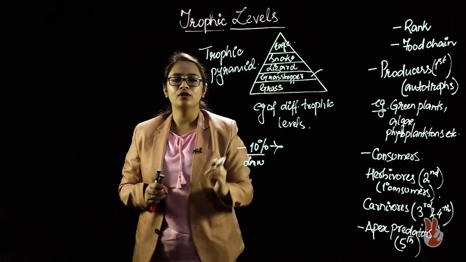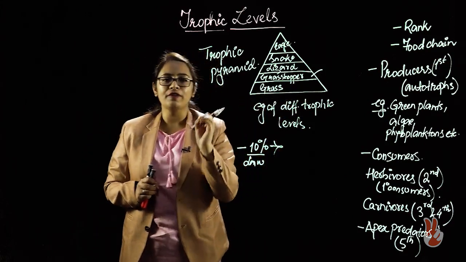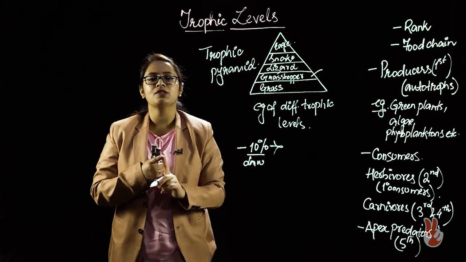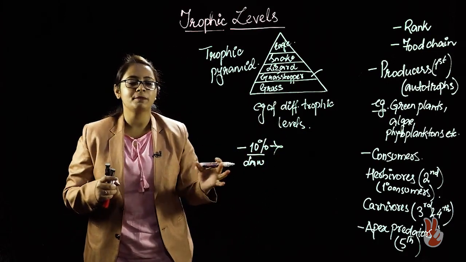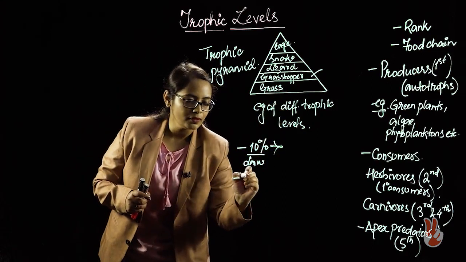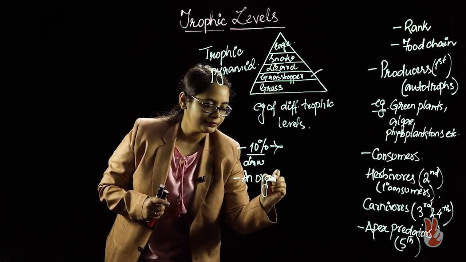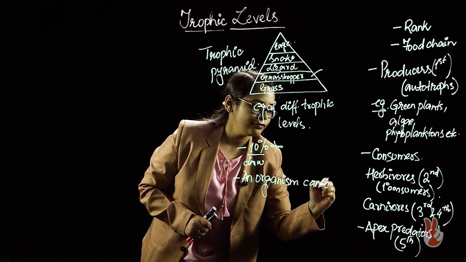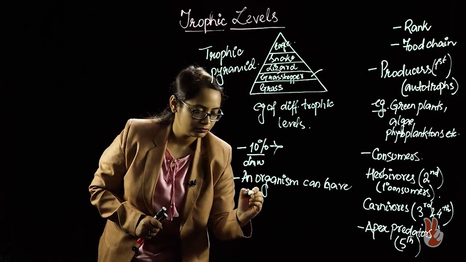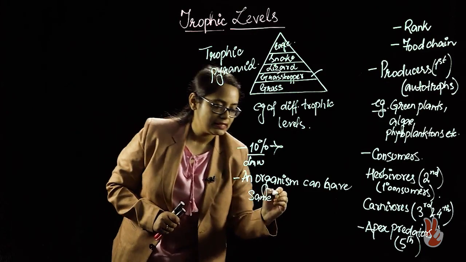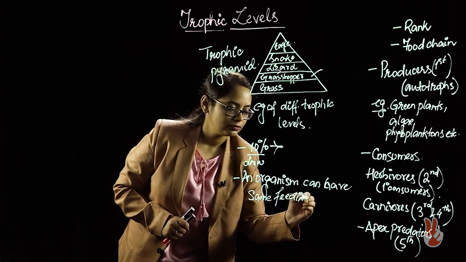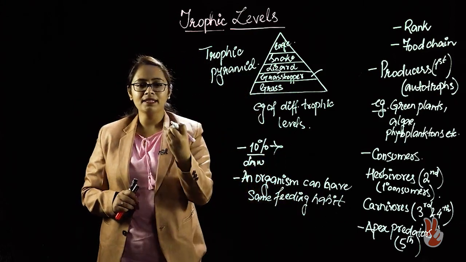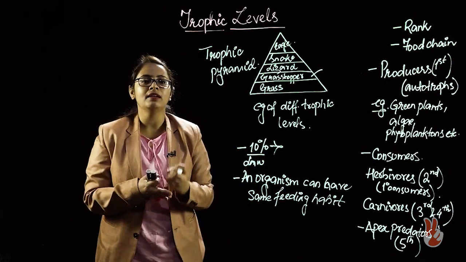Also, to be kept in mind is that each trophic level is always occupied by a number of species. Not only one species will occupy a single trophic level; a number of species might come under that. An organism can have the same feeding habit as another organism, but sometimes the resource which they take in can be different.